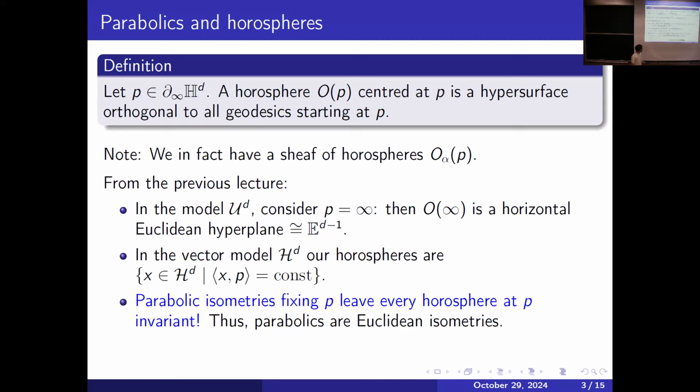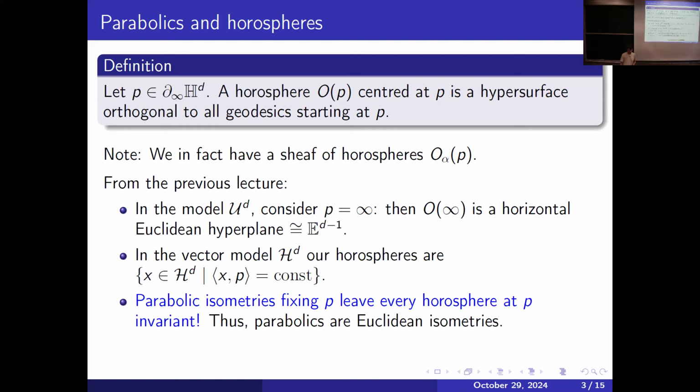A very important remark is that parabolic isometries fixing P leave every horosphere at P invariant. So we do not move one horosphere to another. This is in fact a part of the proof that parabolic isometries are Euclidean isometries.